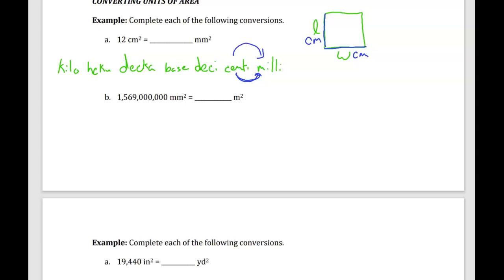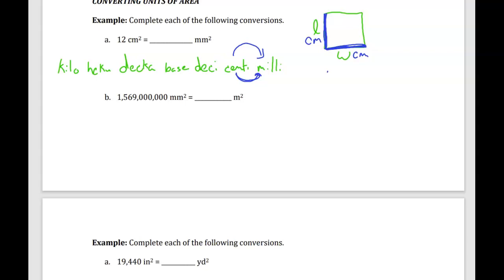So notice we would do 1, 2 jumps. So when we're converting our units of area, we have to do things twice, because we are looking at things in 2 dimensions now. We're not looking at it in 1 direction, we're looking at it in 2 directions. So we have to do it twice.